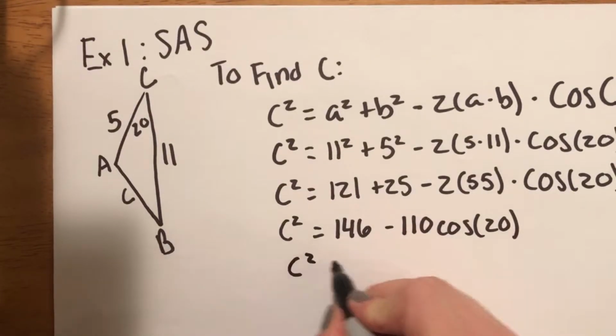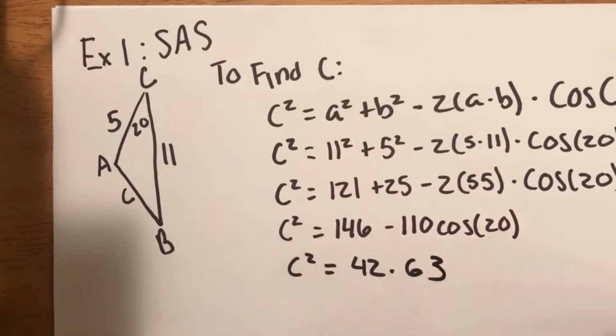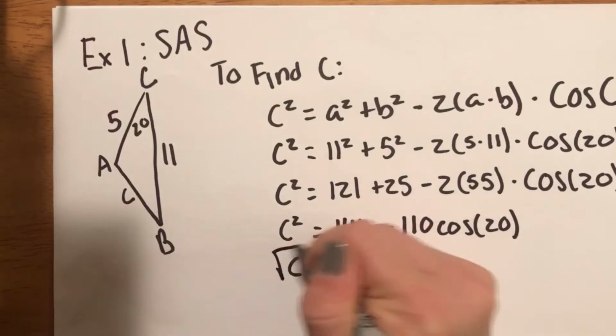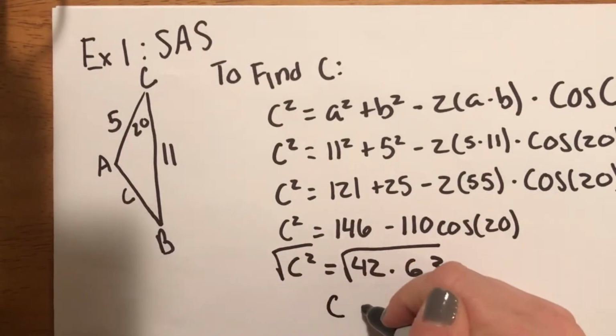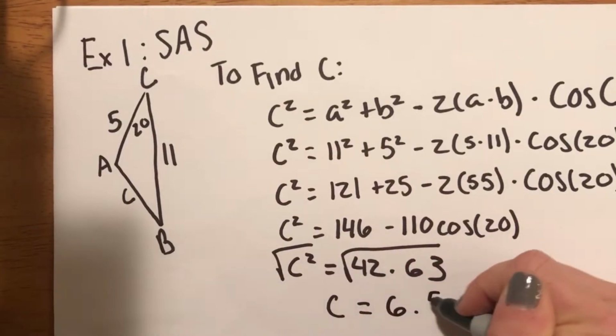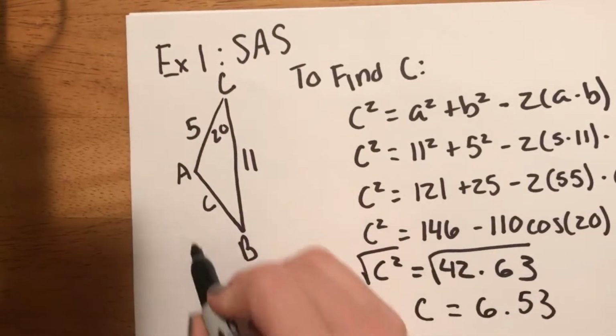Eventually, we are left with c squared equals 42.63. Next, we have to take the square root of both sides to get c equals 6.53. This will go into here.